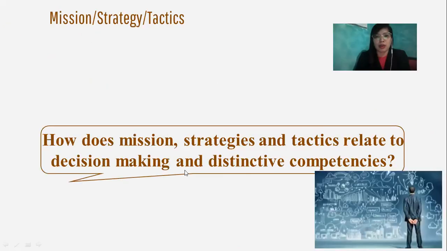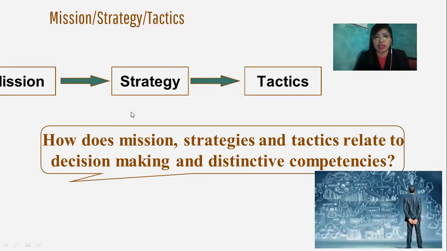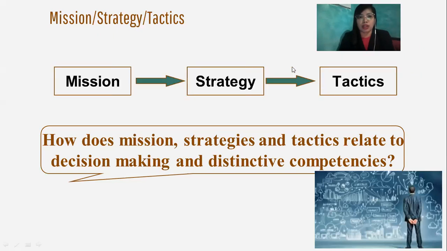So how are we going to prevent our organization from failing? We need to do the following. We start with the mission, then we strategize, and then we execute our tactics. How do mission, strategies, and tactics relate to decision making and distinctive competencies?